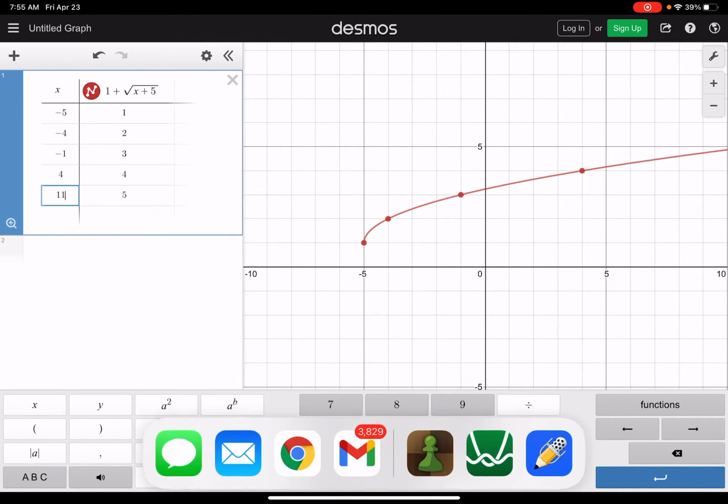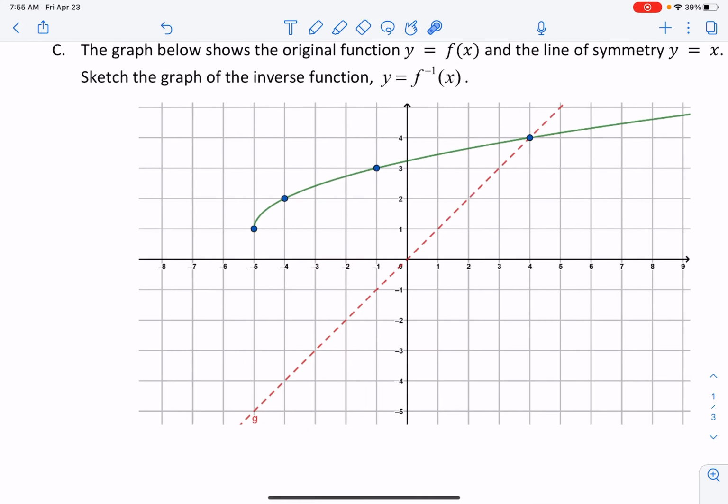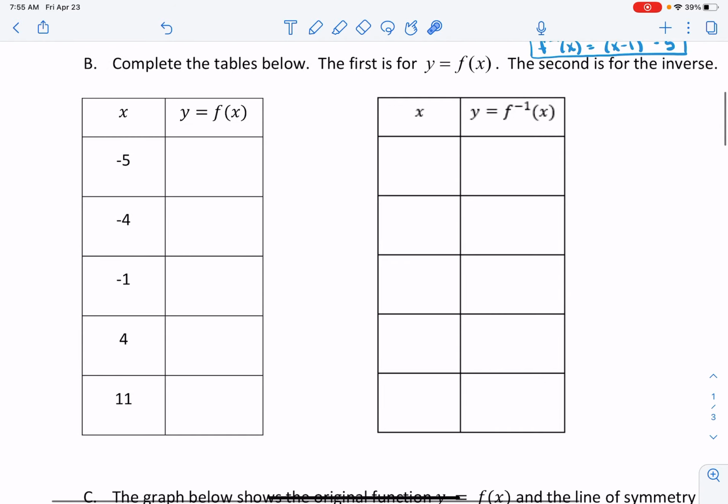So I'm going to go ahead and write those in. And then to find the inverse, remember the trick is you just flip-flop the x and y values. So on this side, these will be 1, 2, 3, 4, 5, and -5, -4, -1, 4, and 11.